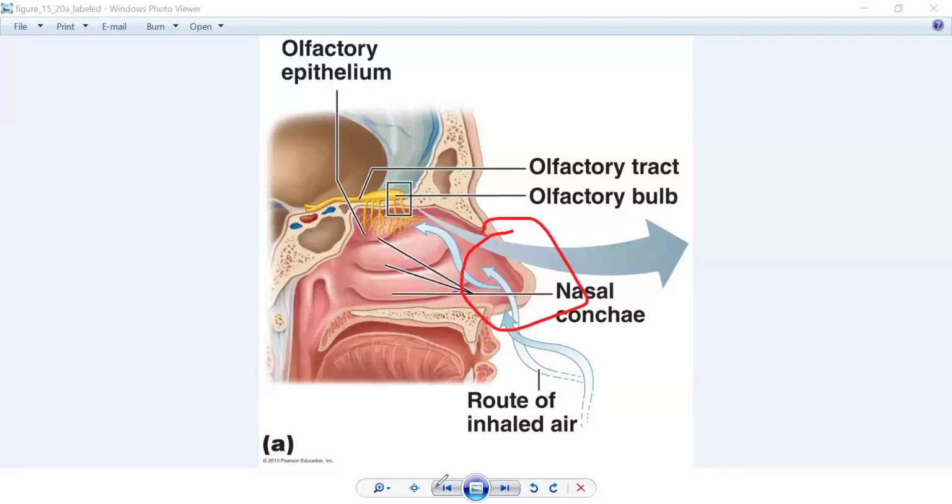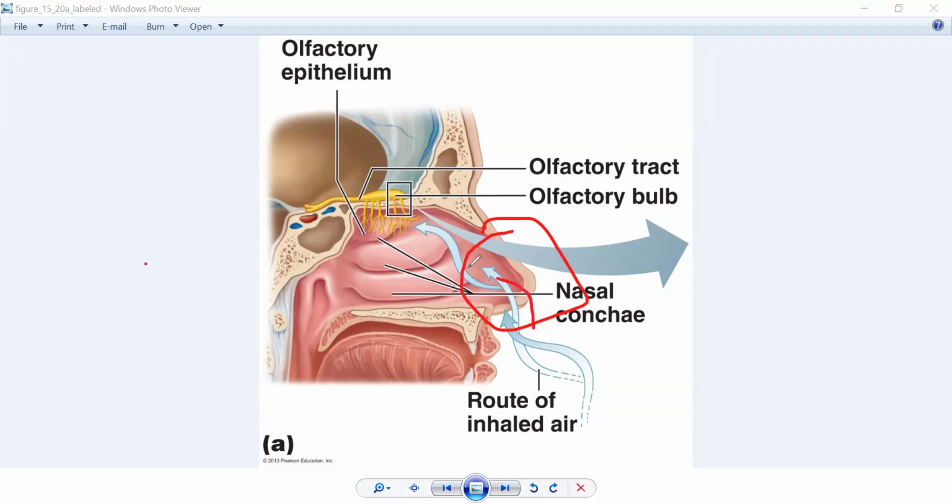You'll note that smell plays a good role in distinguishing certain tastes. So smell plays about 80 plus percent of distinguishing different types of flavor.